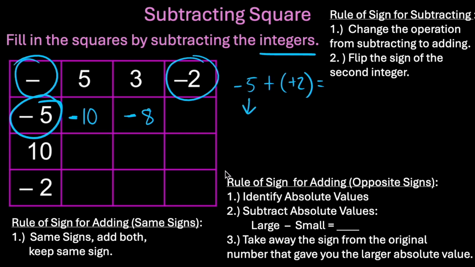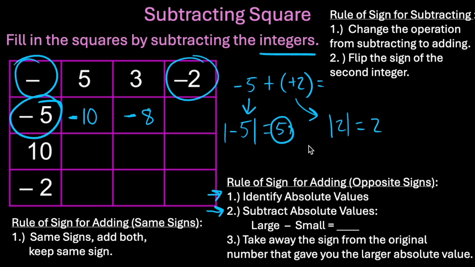We need to find the absolute value of -5. That's the rule: identify the absolute values for both integers. The absolute value of -5 is 5, and the absolute value of 2 is 2. The next step is to subtract the absolute values from large to small. 5 is bigger than 2, so we subtract 5 minus 2, which is 3.